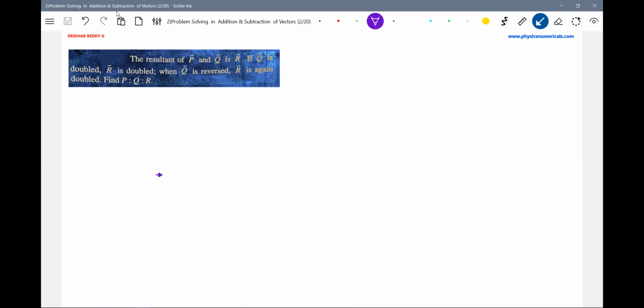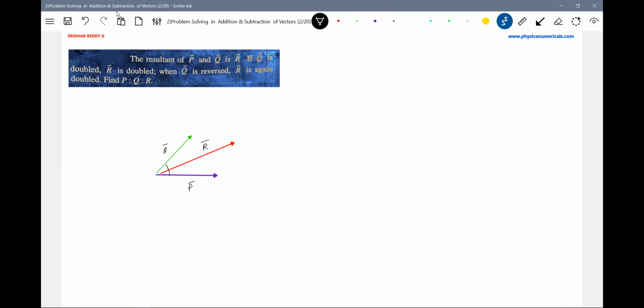So there's the P bar vector. Next we have a Q bar. The resultant of these two is R bar.